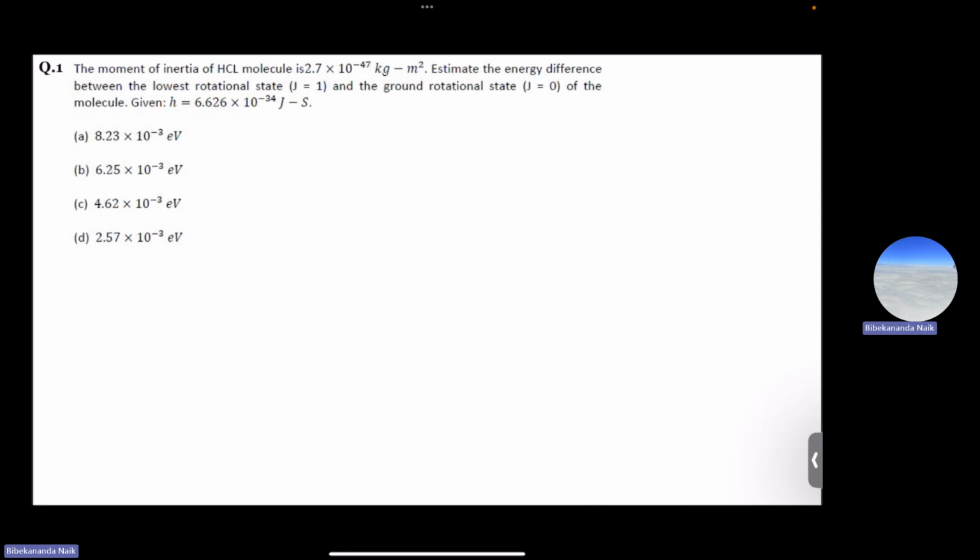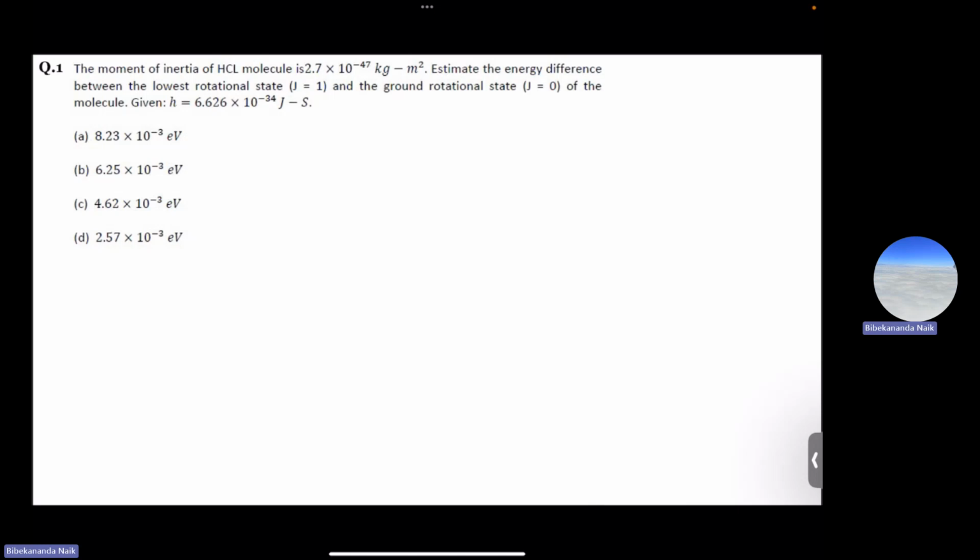Now the question says the moment of inertia of HCl molecule is 2.7 into 10 to the power minus 47 kg into meter square.